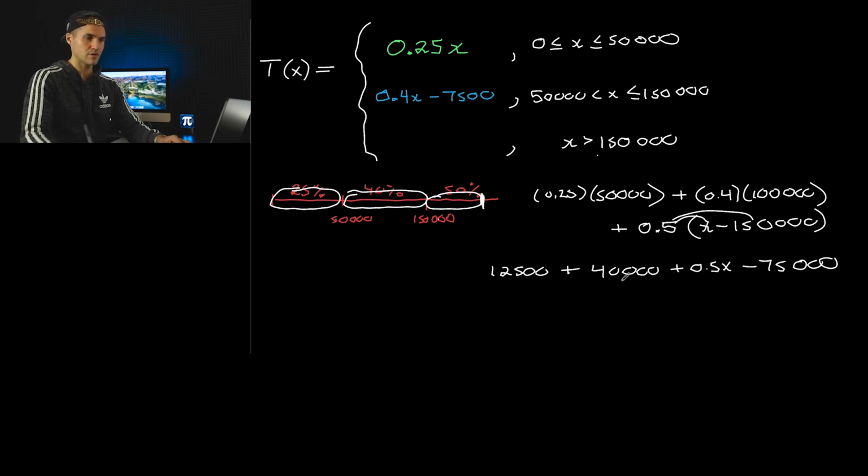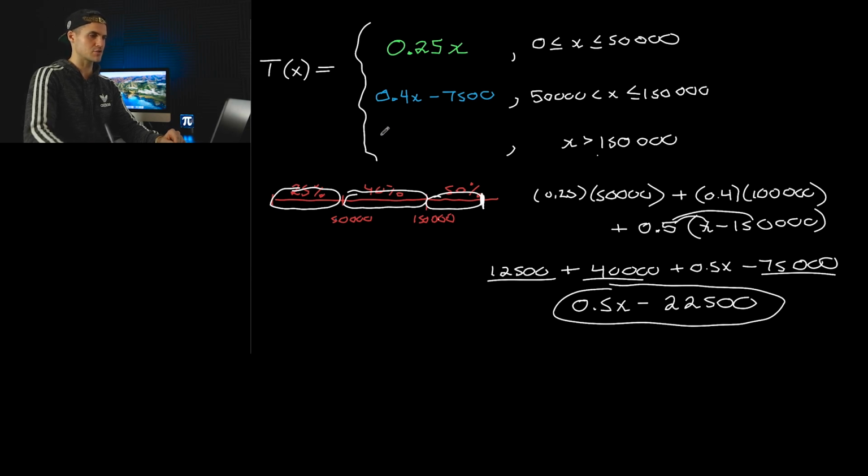Right? And then over here, you would just collect the like terms and then simplify. So this would be what? 52,500 minus the 75,000. So you'd have 0.5x minus 22,500, like that. And so this simplified expression is going to end up going here.